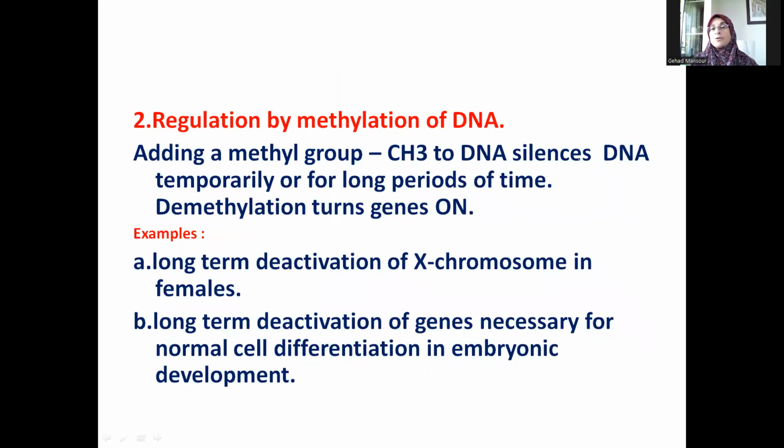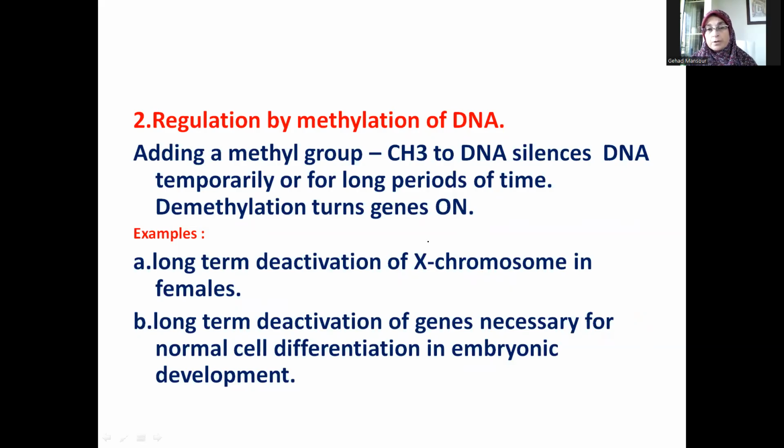So again, addition of a methyl group to DNA silences DNA, and that silencing might be temporary or for long periods of time. On the other hand, if we remove the methyl group, if we demethylate, then the gene becomes turned on. And on the slide, you have two examples of long-term or permanent inactivation of a particular gene.